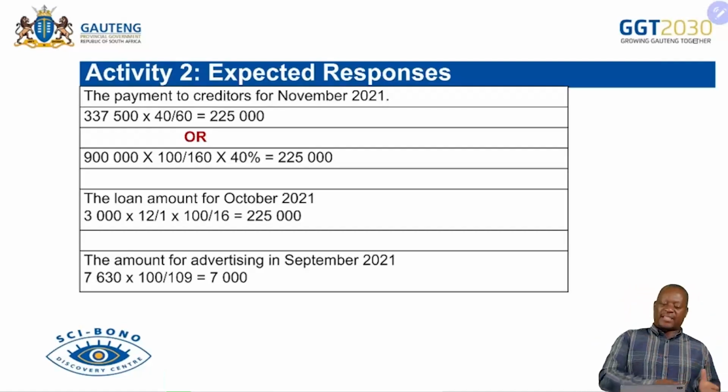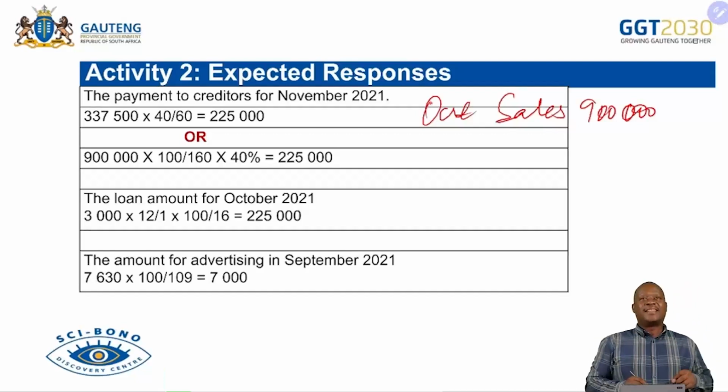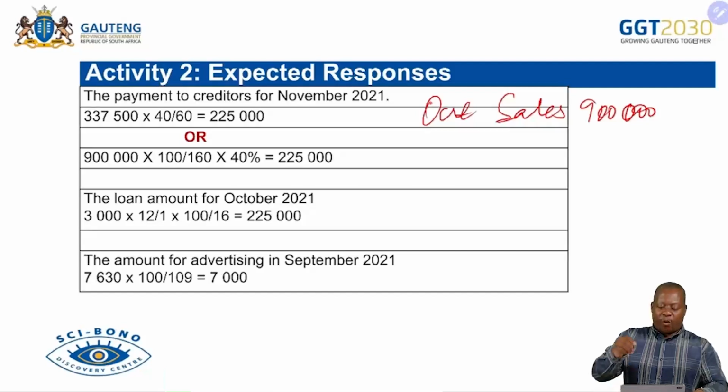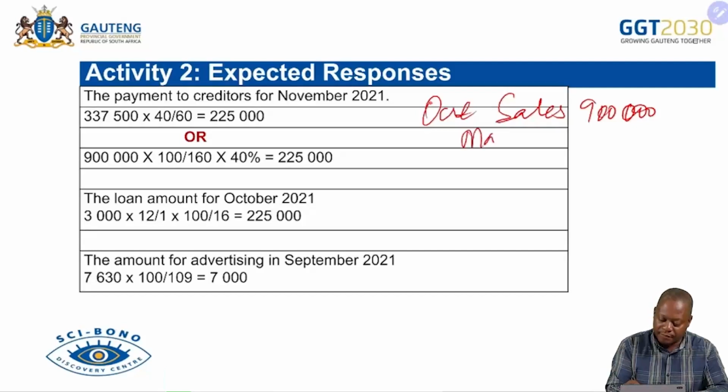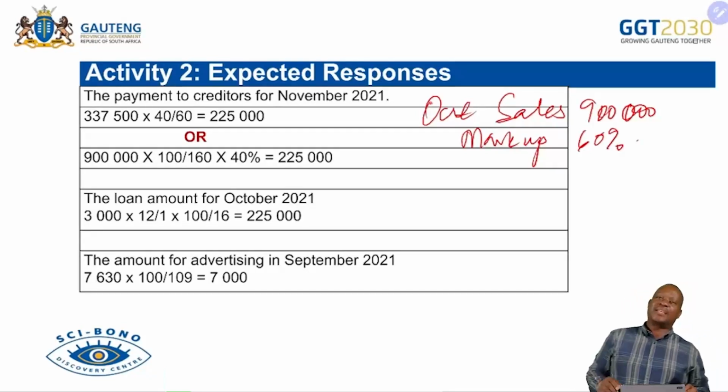Now, which one is our previous month? We are looking into October, right? According to the information that we are given, the sales for October are 900,000. And then we are given the markup, which is 60%. Why are they giving us this information?